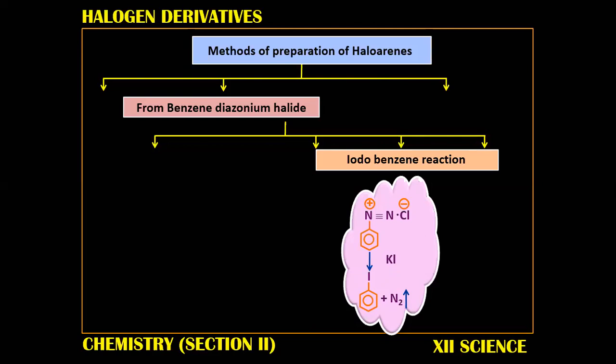Benzene diazonium chloride, when reacted with potassium iodide, gives you iodobenzene, nitrogen gas and KCl. So for iodobenzene, we cannot use cuprous chloride or cuprous iodide. We have to use potassium iodide. You have to remember this.